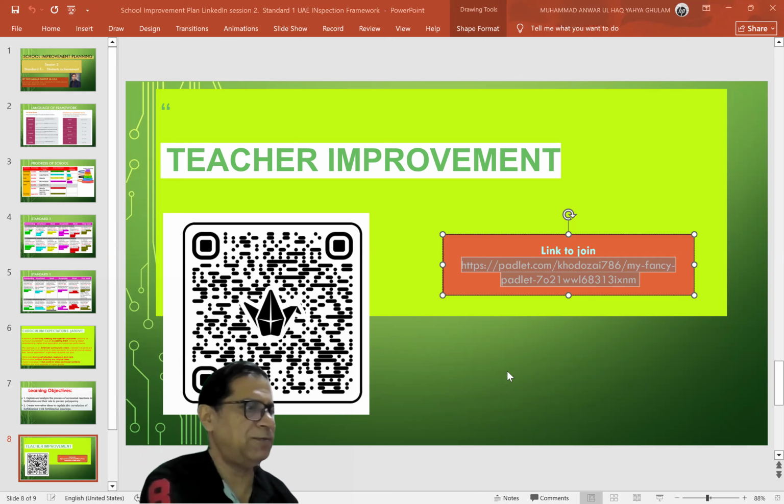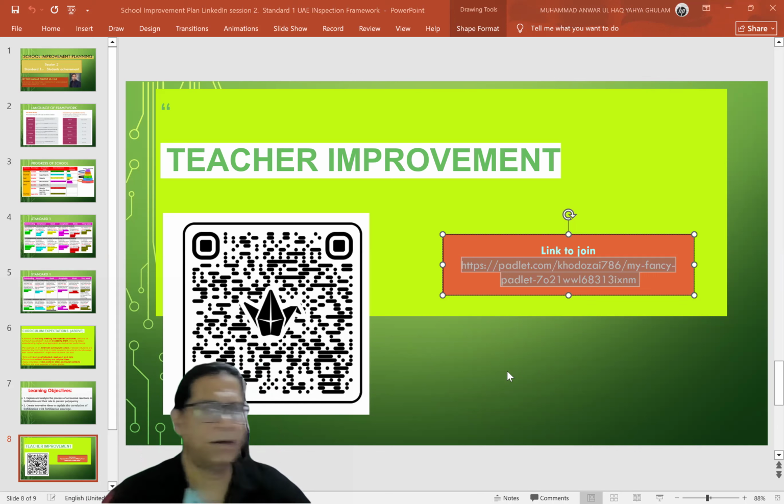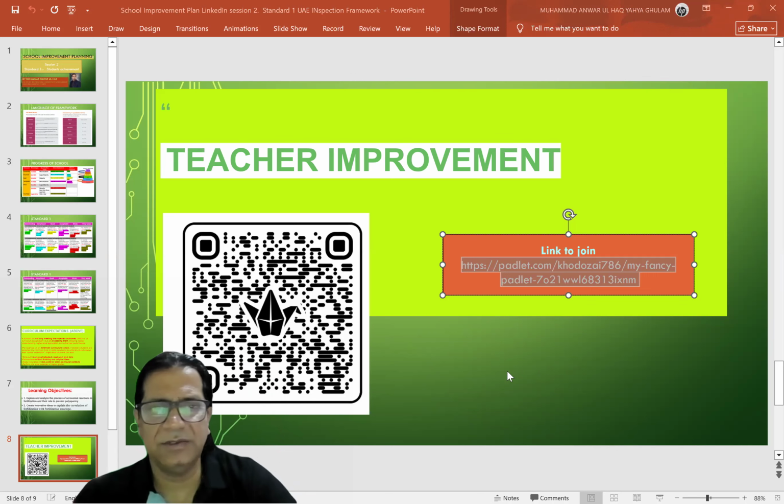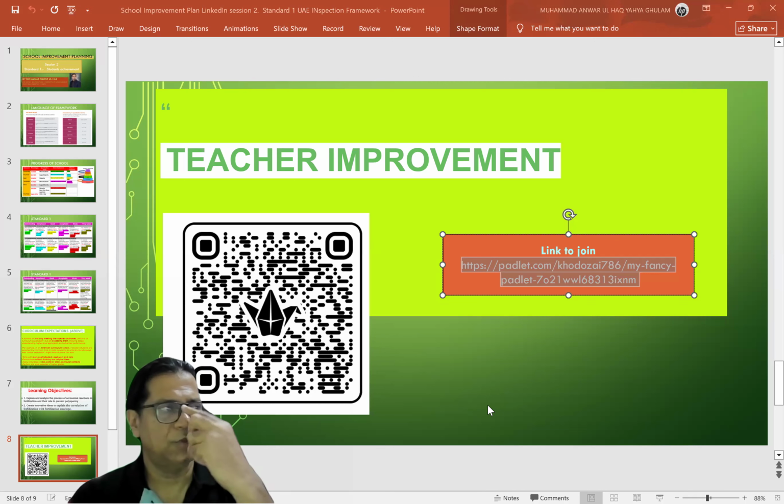Let me see how many of you can join. I'm giving you a little bit of time. So just use this link or the QR code. There are two things which I have displayed.